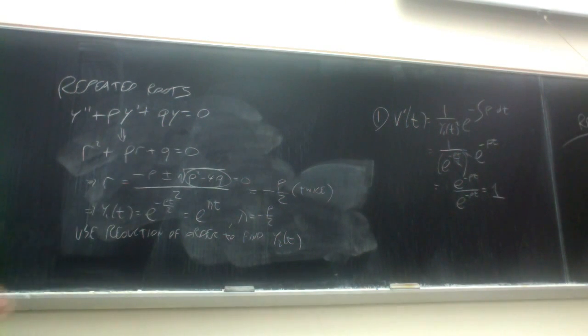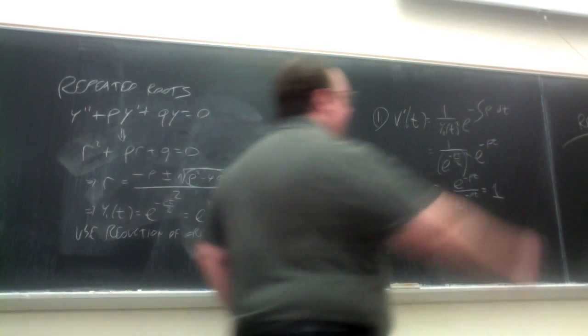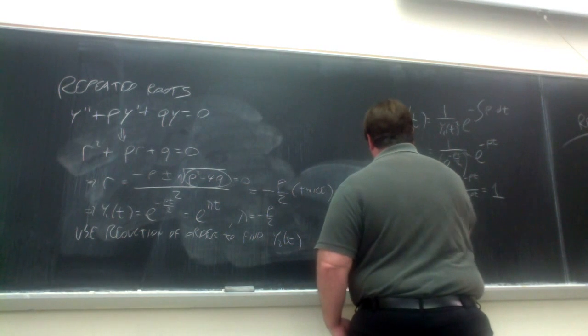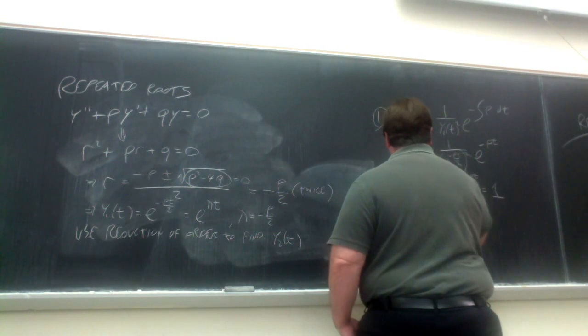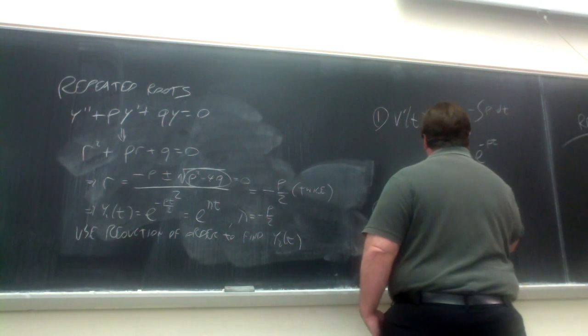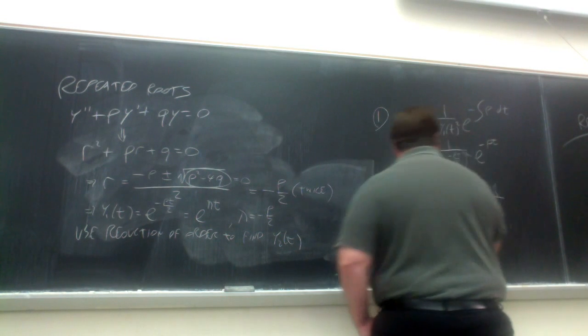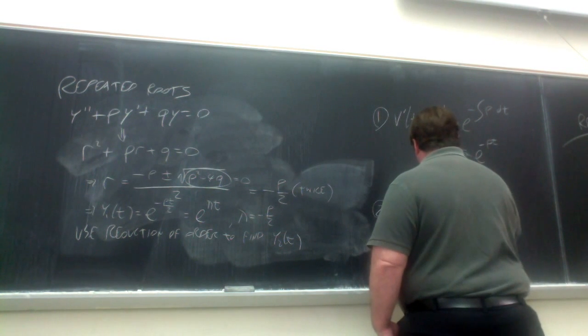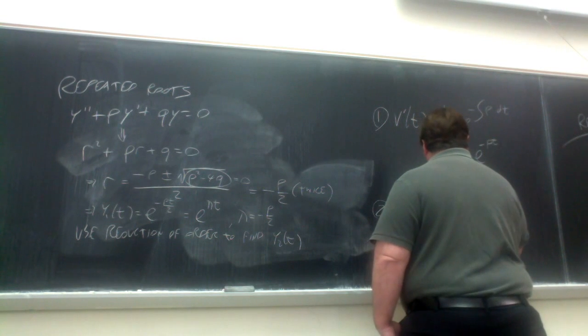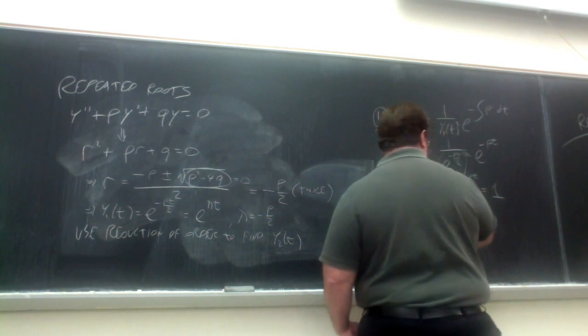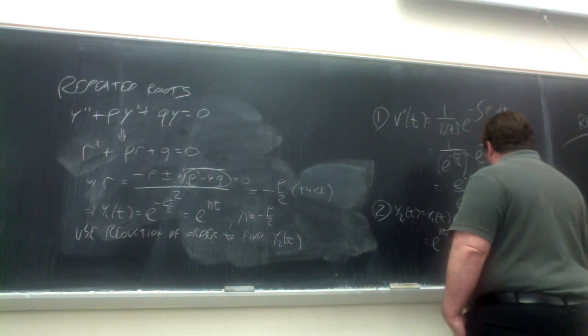All right. So now, following the second step, y2 of t is y1 of t times v of t. If we fill in what both of those things are, y1 is e to the lambda t, where lambda is our root, and then the integral of v prime. So we just multiply by t. So you get t e to the lambda t.